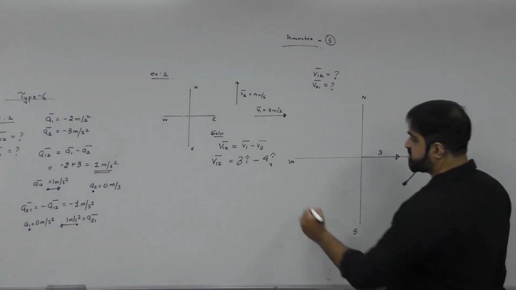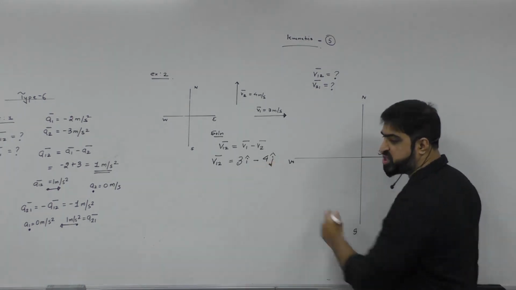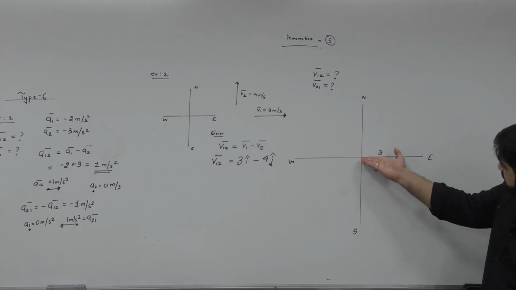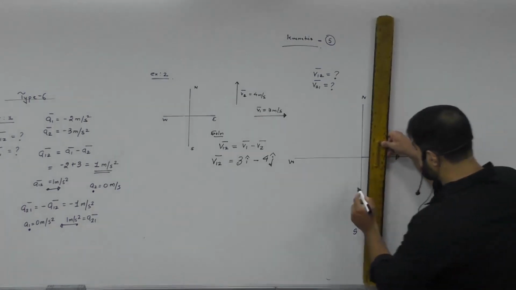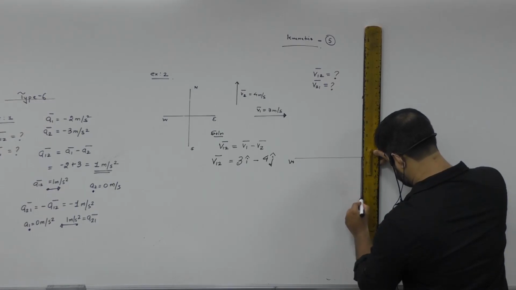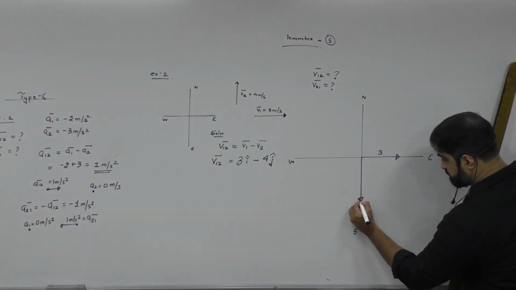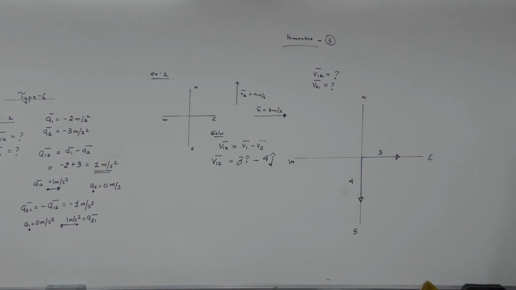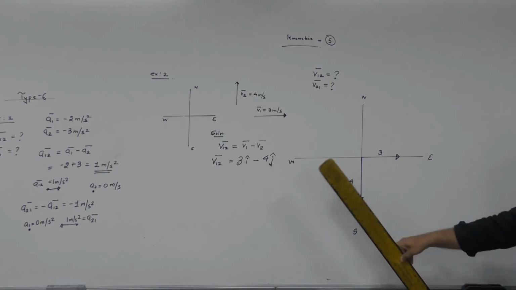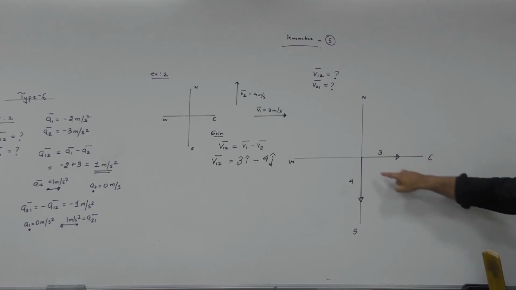And if I want to plot minus 4 J cap, so 4 J cap is up, but minus 4 will be down. 4 magnitude down means minus 4. Yes or no? It's 3 I cap minus 4 J cap.